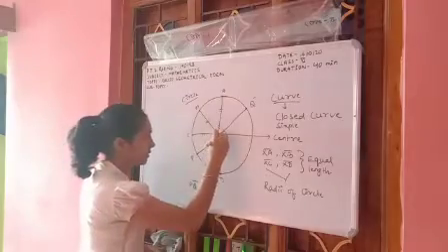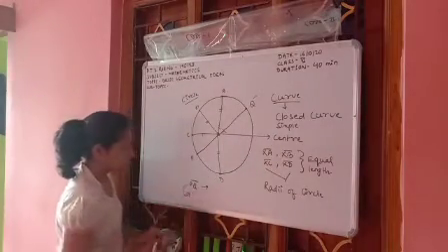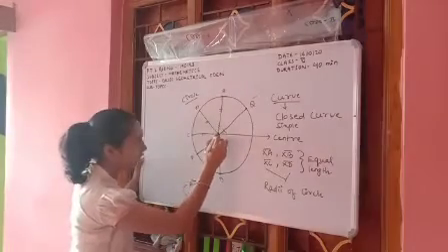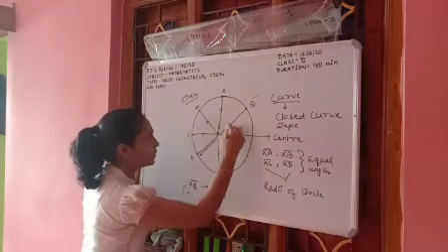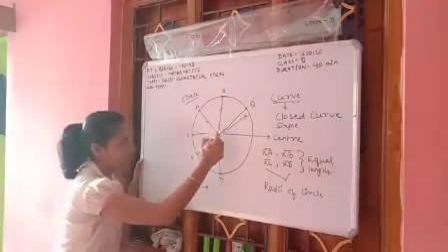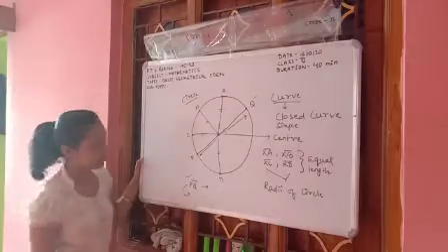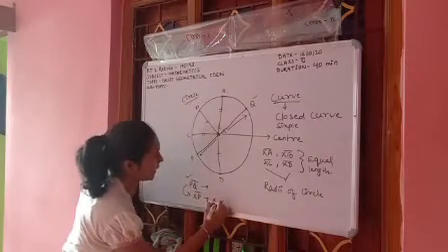See, look here. Tell the 2 line segments from which PQ is made up: from the center to here and from the center to here. XP plus XQ.